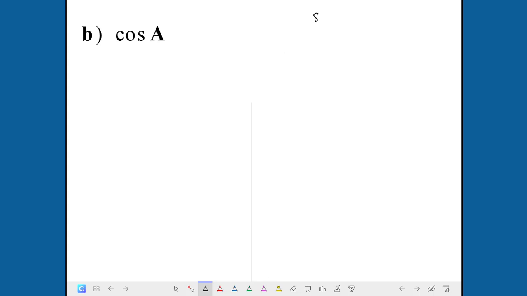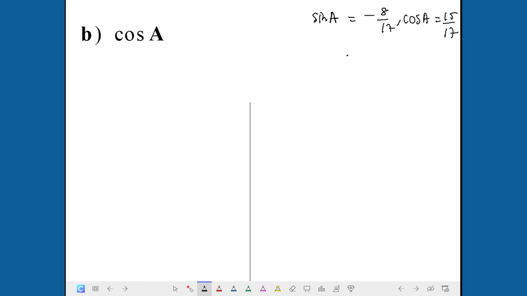Okay, given that sine A is equal to negative 8 over 17, and then using the Pythagoras theorem, just now you got cos A equal to 15 over 17, right? To find cos A over 2, this is our aim.